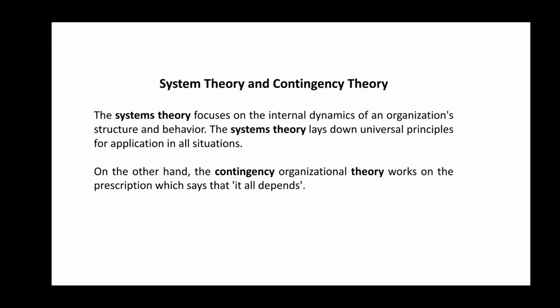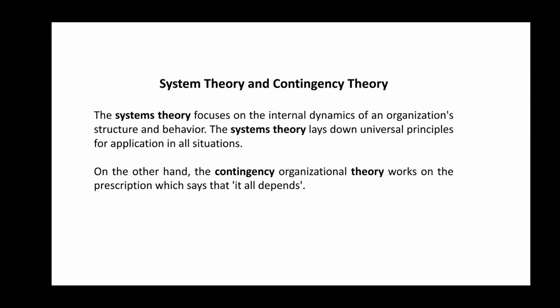Whereas in contingency theory, this approach attempts to find the nature of interdependencies between different parts of an organization. So how everything in the organization is interdependent. So different parts of the organization we will be studying in the contingency theory.